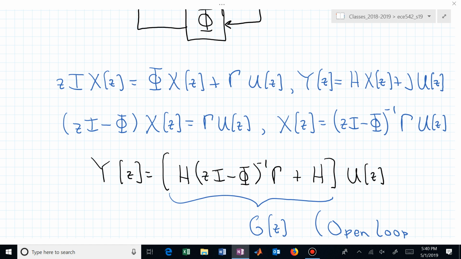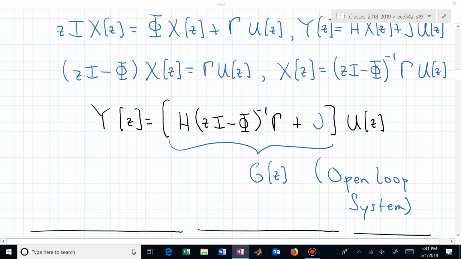And that's now H. So it's H times the quantity zI minus phi inverse, times the input matrix gamma, plus J. That's G of z in terms of these state space matrices. And that G of z is an open loop system.